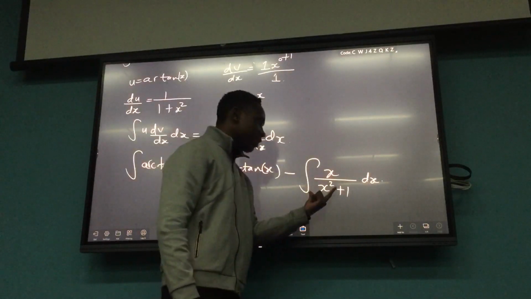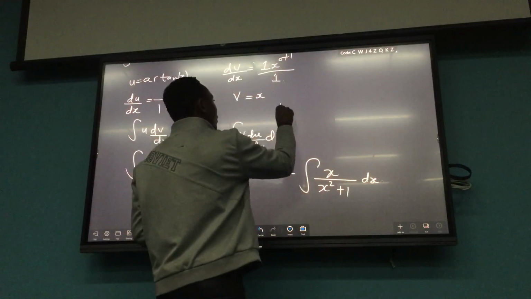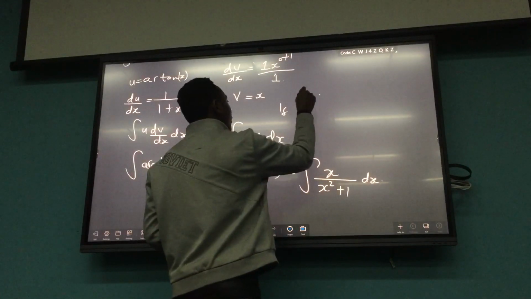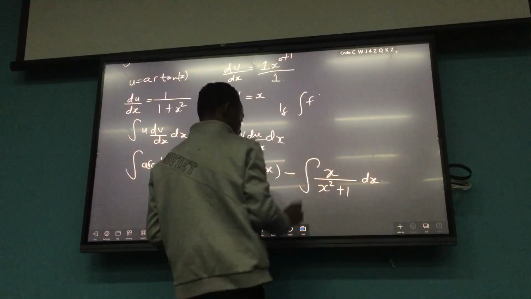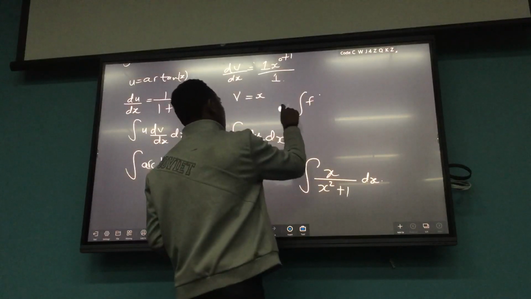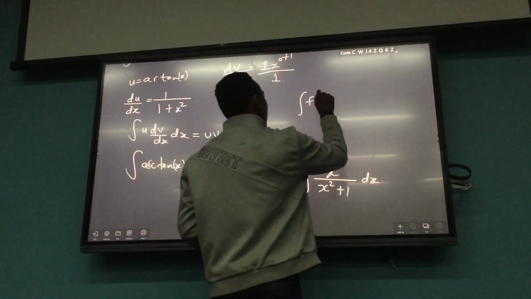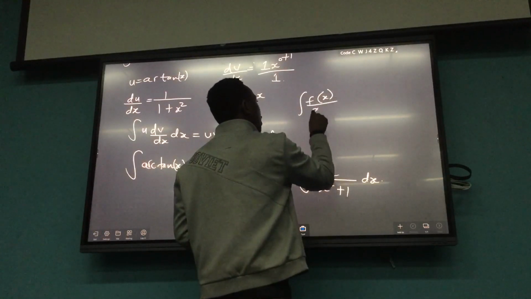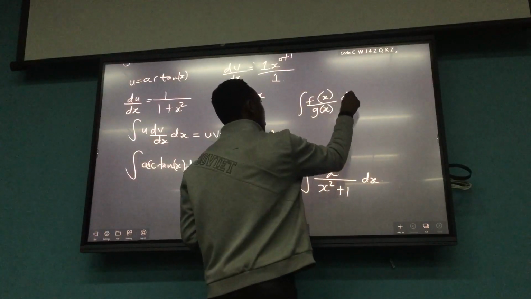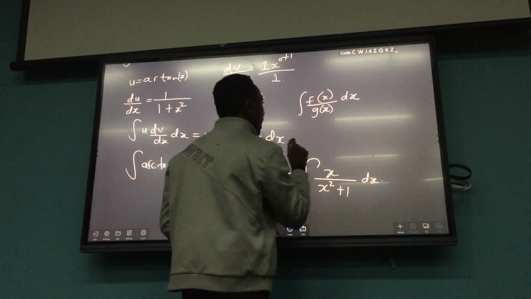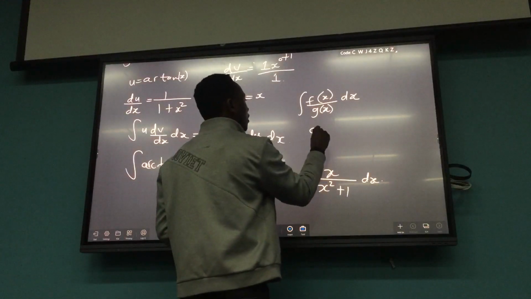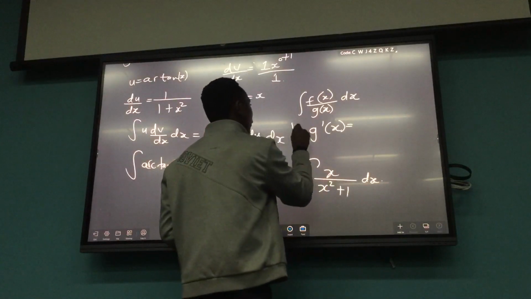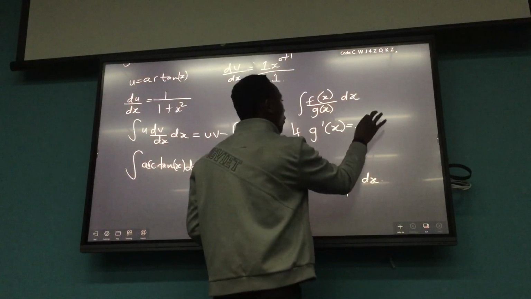Let's say you have the integral of f of x over g of x with respect to x, and you recognize that g prime of x is equal to f of x.